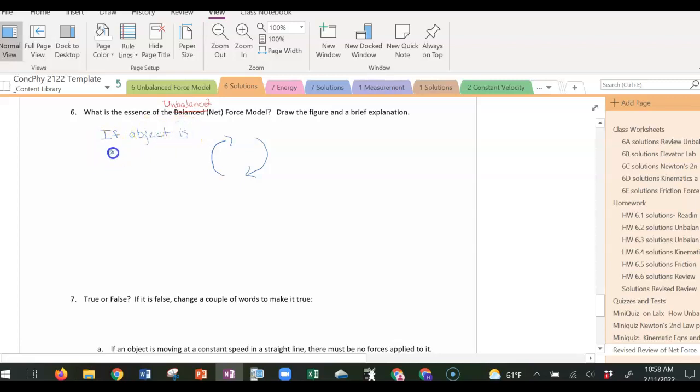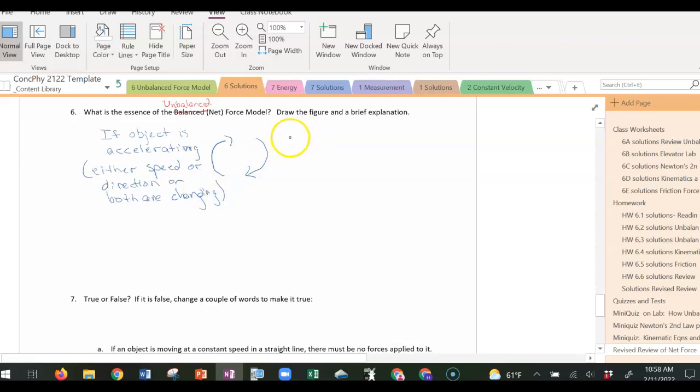is accelerating, and accelerating means either the speed or the direction or both are changing, right?